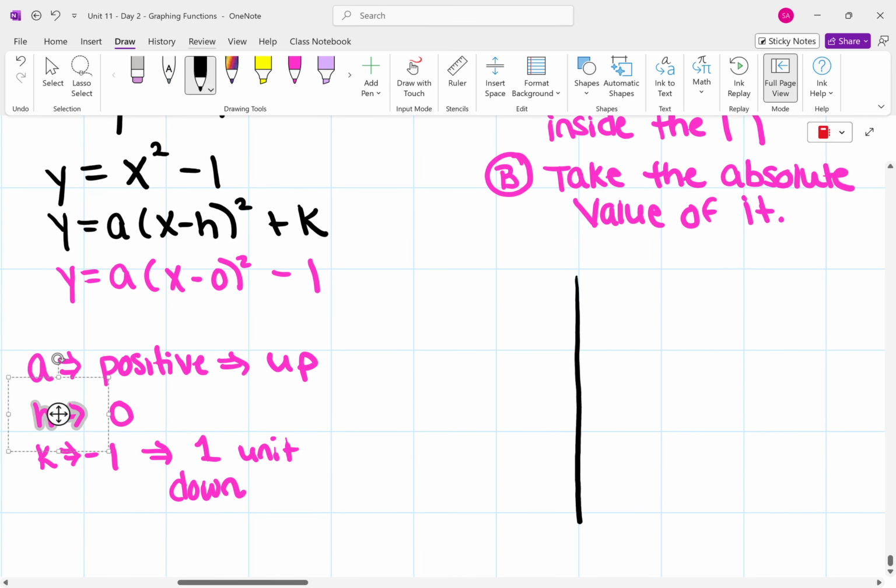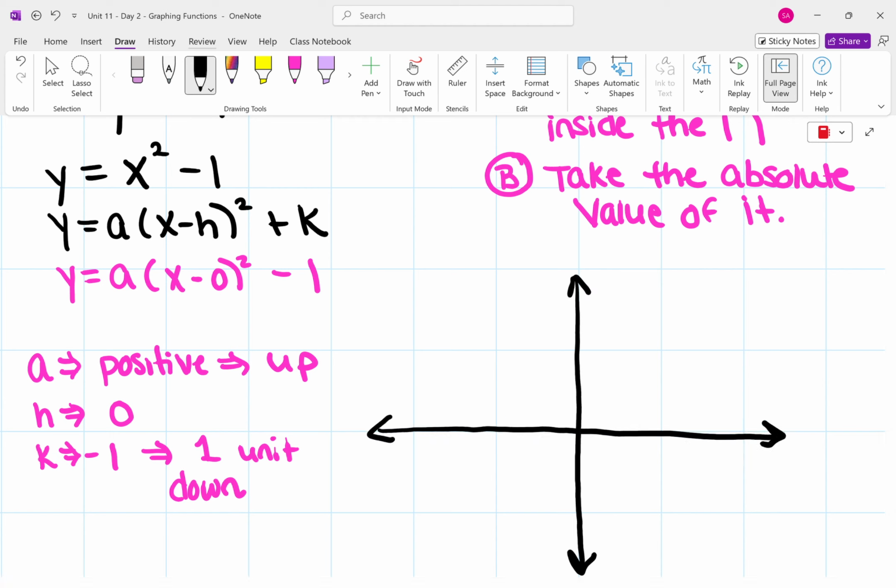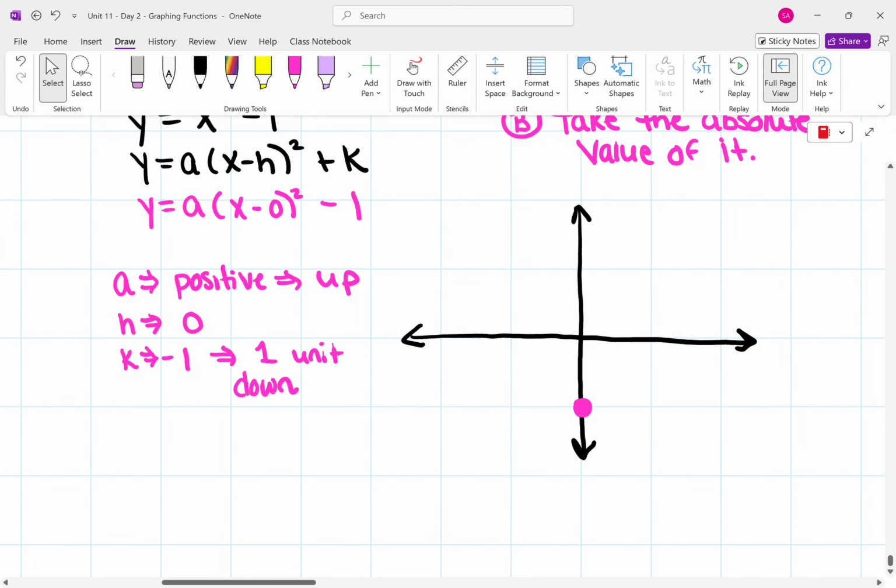So if you guys remember, for the parabola in the parent graph, where is my turning point? 0, 0. So I'm going to take that turning point, and all I'm going to do is move it 1 unit down. But now I still need more points, so I'm going to find the x-intercept.